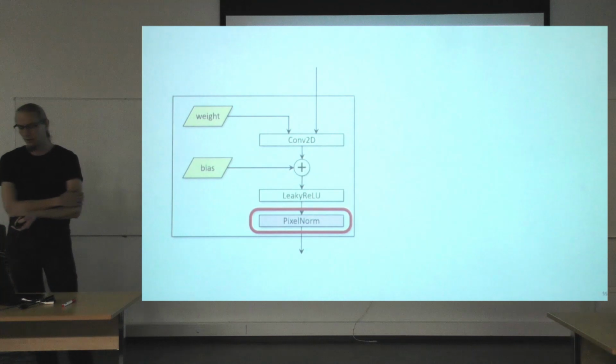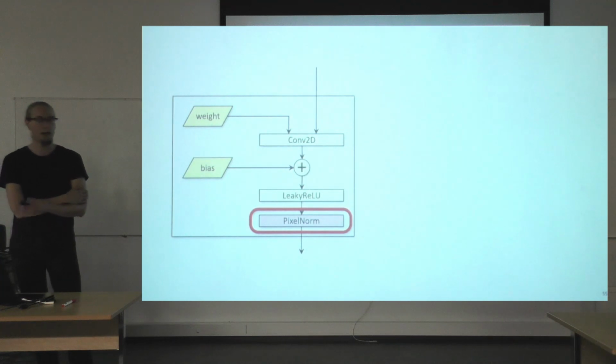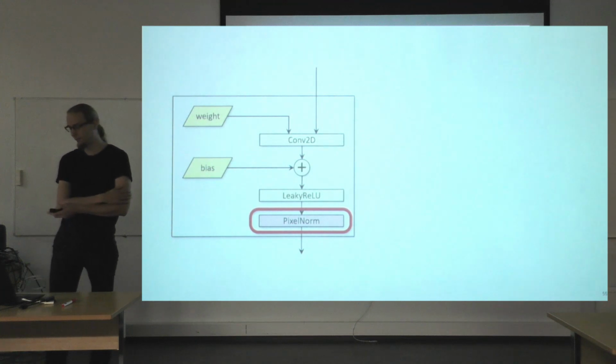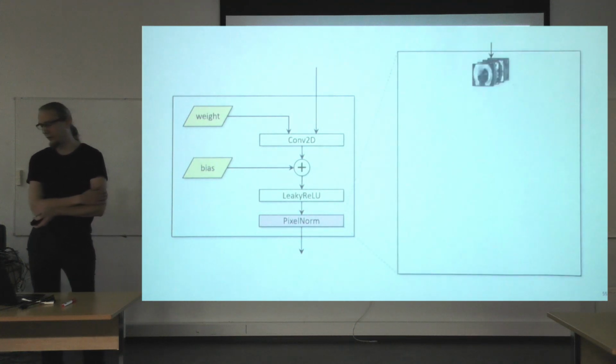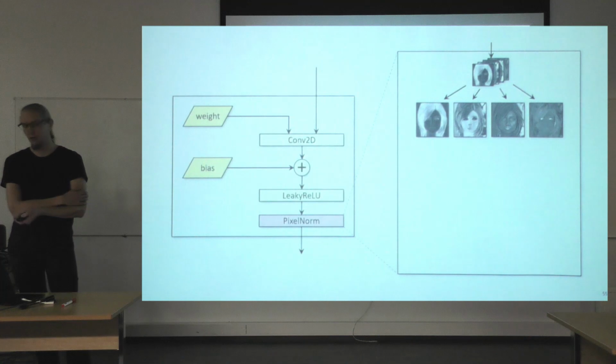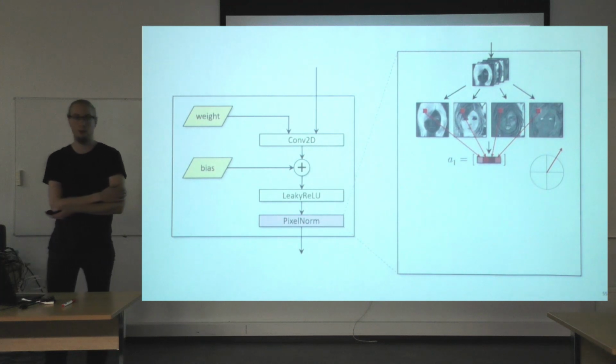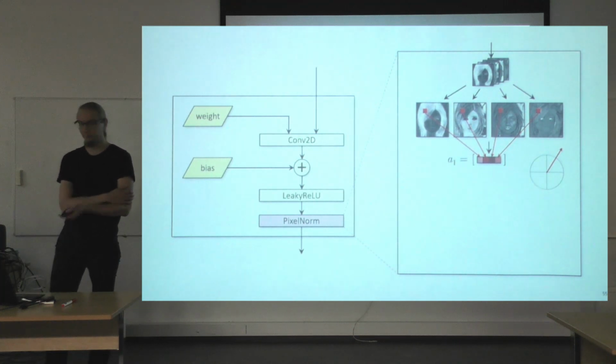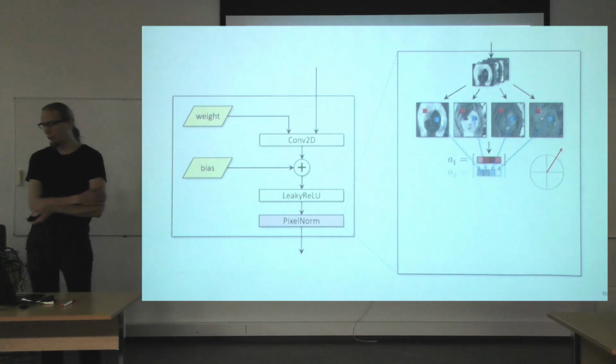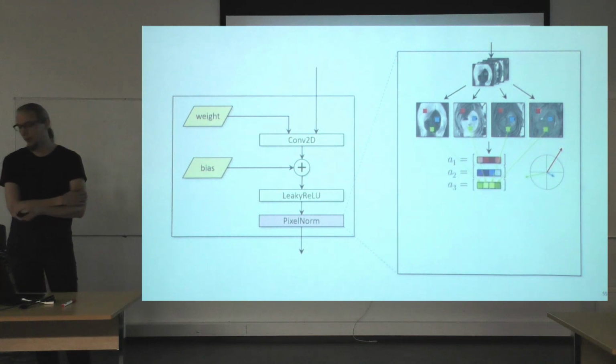We perform this normalization at the end of every layer of the generator. And the way it works is that we look at each individual pixel of the activations and interpret it as a vector over feature maps. And we'll process every pixel the same way.